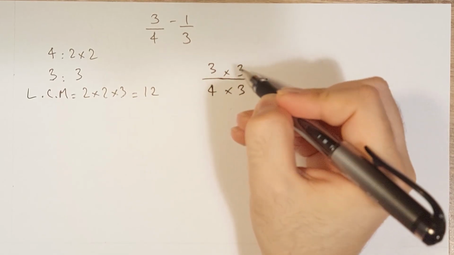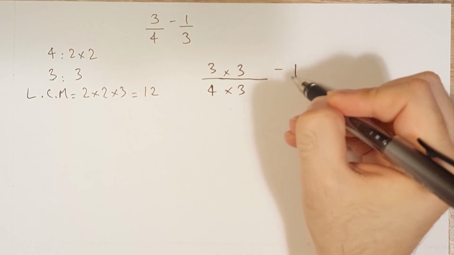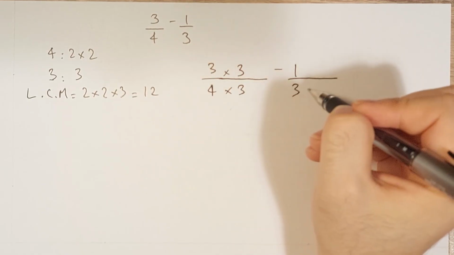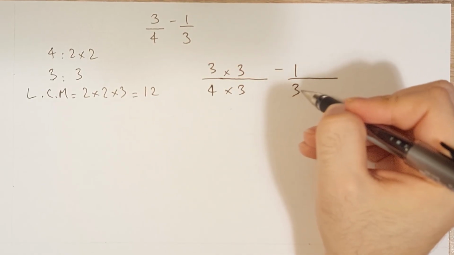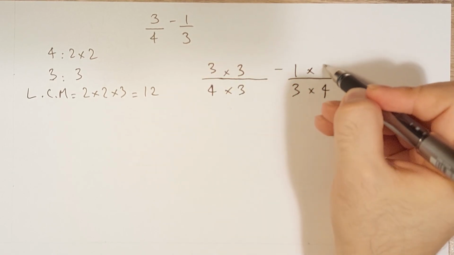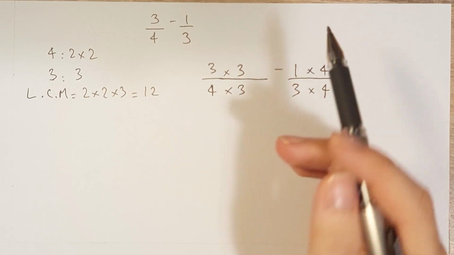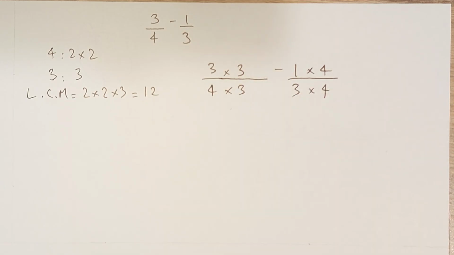We have to multiply its numerator with the same number. And then we do the same for 1 by 3. We need to multiply 3 by 4 to get 12. And we do the same with its numerator. With fractions, whenever you multiply the denominator by a number, you do the same with the numerator to make sure the fraction stays equal.